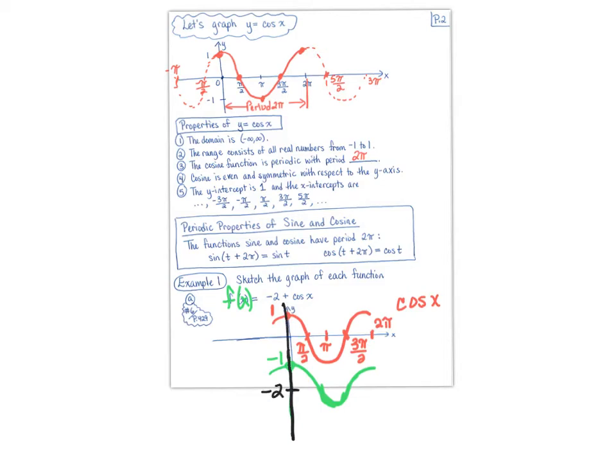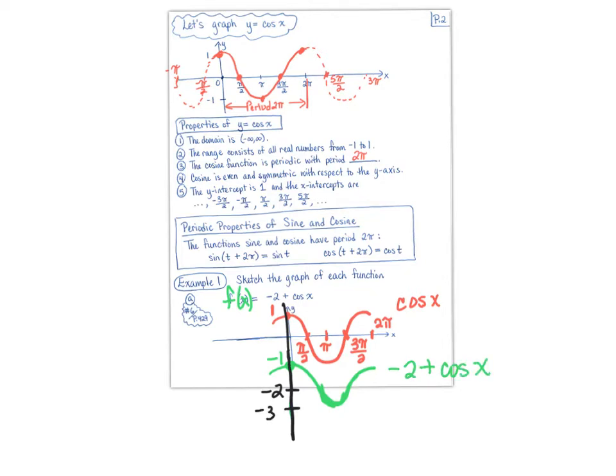That's -2. And then this point here is what? What's the y value? -3. And I'm pointing this information out so you can make sure you understand domain and range information. Okay, so the green graph is the one that we actually want. That's -2 plus cosine of x.